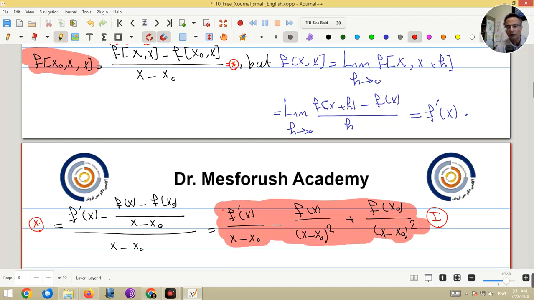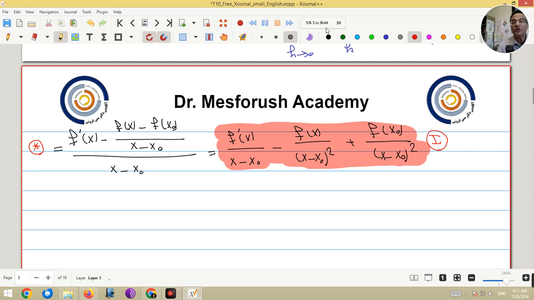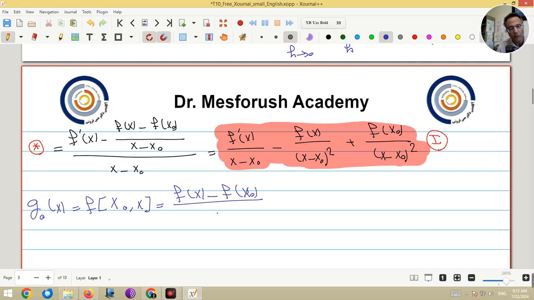Now let me try to compute g prime 0 of x. Consider g0 of x. This is equal to f of x0 and x, and this is equal to f of x minus f of x0 over x minus x0.